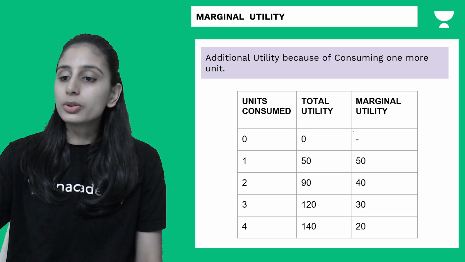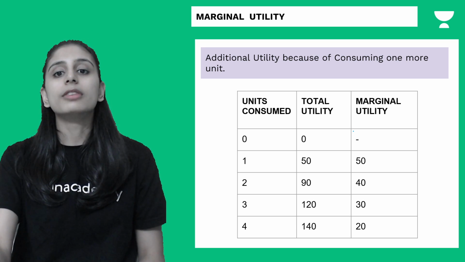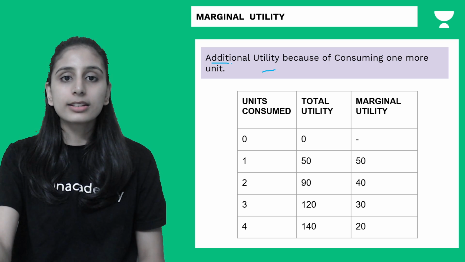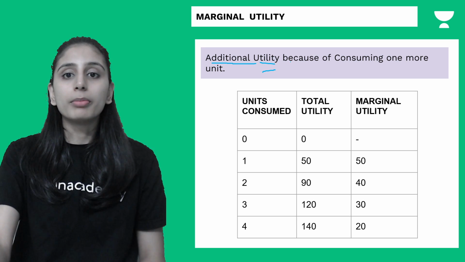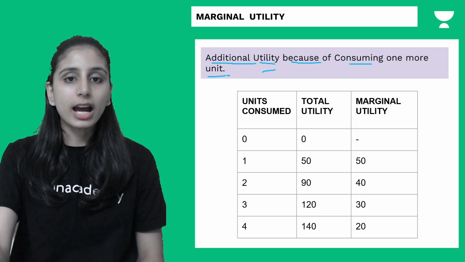So marginal utility क्या होती है? We will see in the table first. First तो देख लेते हैं कि it is an additional utility because of consuming one more unit. What does that mean?